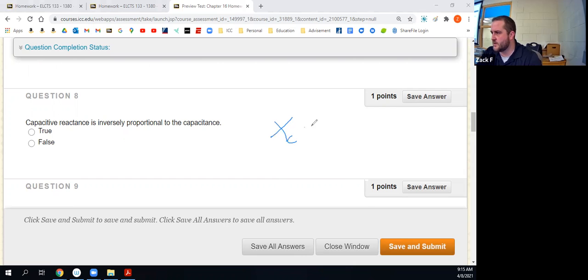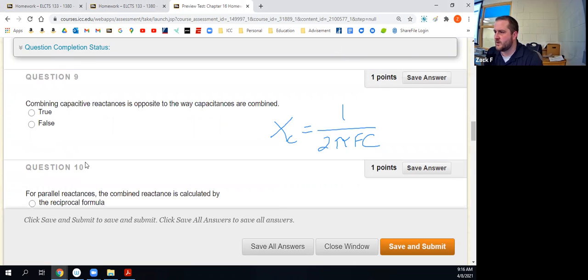X sub C equals 1 over 2 pi F C. There's capacitance. There's capacitive reactance. Combining capacitive reactances is opposite to the way capacitances are combined.